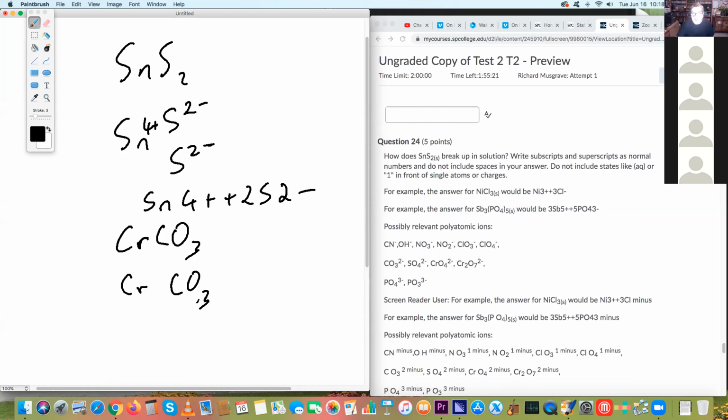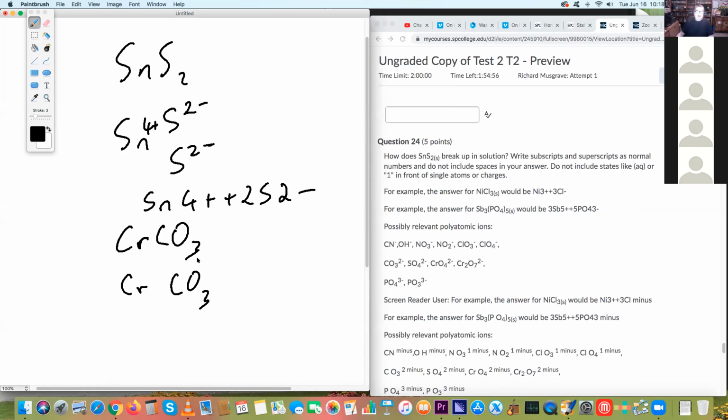You can see an example of that over here. There's 5 PO4s, but we know that there's 5 because there's parentheses there and a 5 on the outside. There's no parentheses here, so we know it's just one of these CO3 groups. So that's the difference between something like this and something like this one here. The SNS2, there's actually 2 sulfurs there, and here there's only 1 CO3 group.